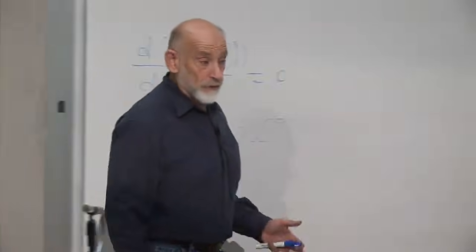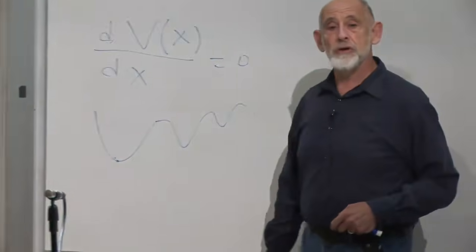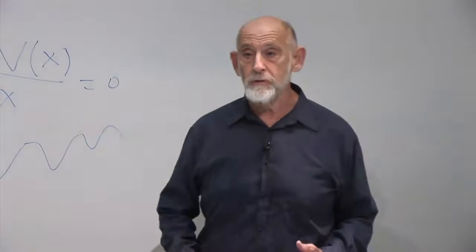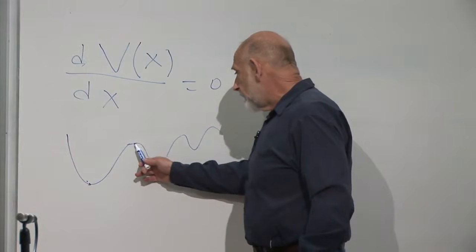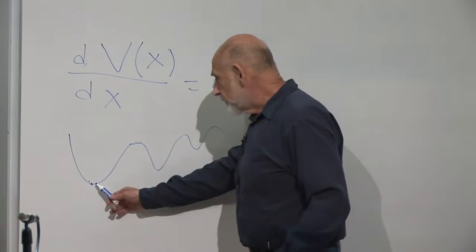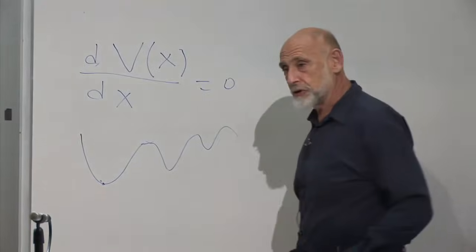Now, notice, first of all, equilibrium does not require that the potential energy be minimum. It requires that the derivative be 0, which is to say the right words are that the potential energy is stationary. Stationary means it doesn't change if you move slightly to the left or slightly to the right, and it's just another way of saying the derivative vanishes.